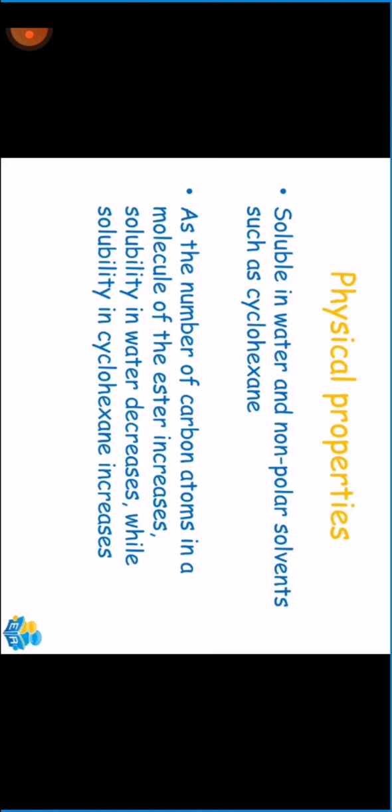Most esters have a smell, and it's usually a sweet smell. So esters are soluble in water and non-polar solvents such as cyclohexane. However, as the number of carbon atoms in an ester increases, solubility in water decreases and the solubility in the cyclohexane increases. And that's because the non-polar part of your ester would be getting bigger.